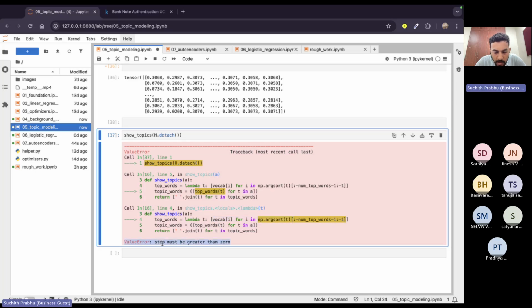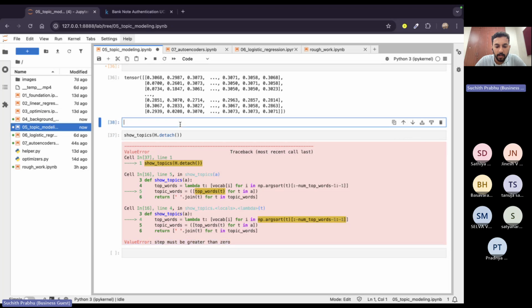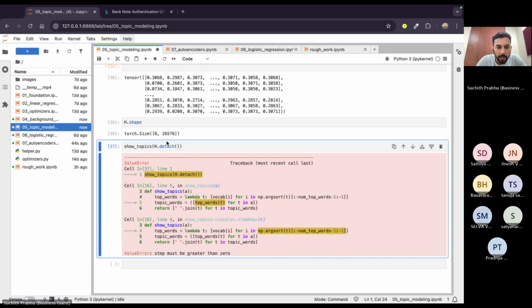Step size must be greater than zero. Let's see. Okay, so I have the documents.